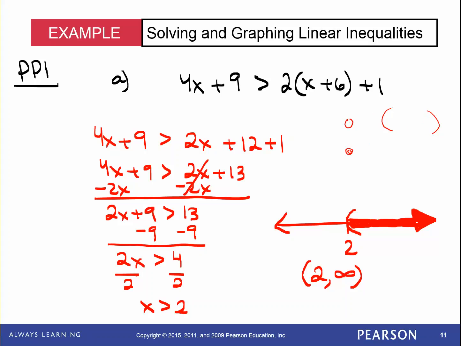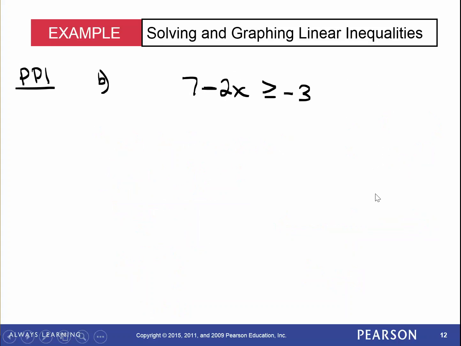For a closed dot, you're going to put in brackets, again depending which way you're going, and brackets look more like this. Okay, good. Let's try one more on this type, and we'll jump to some other ones.